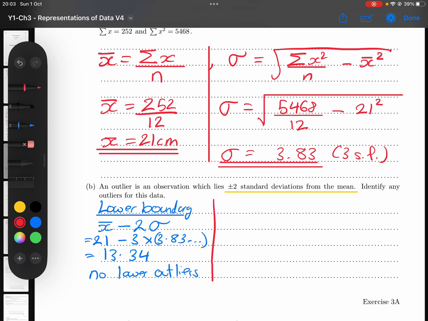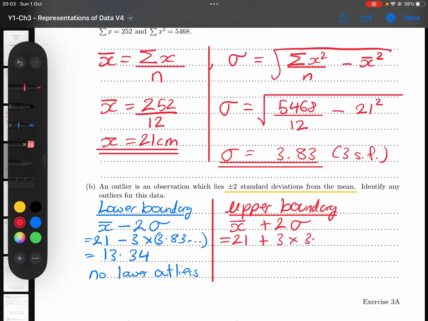And then in a similar way, let's find out the upper boundary. It's a similar calculation, but this time we want an upper boundary. So we'll look at x bar plus 2 standard deviations. Doing the arithmetic, 21 plus 2 times 3.83 and so on, we'll get a cutoff value of 28.66.